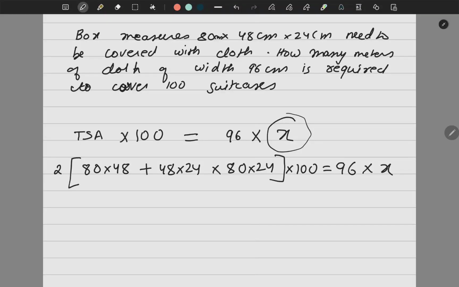Right? Now solve this and you will get x is equal to 144 meter. I am leaving the calculation to you. For fast calculation, you can use the method of vertical multiplication of Vedic mathematics. If you want to learn Vedic mathematics, you can check my series on Vedic mathematics.